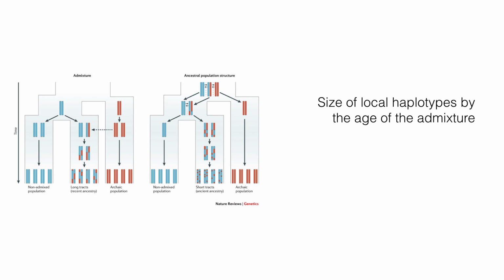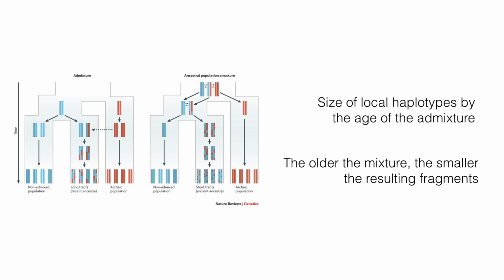Because admixture is constantly happening, the older is the admixture, the smaller are the resulting fragments. If you find fragments that are very short, that indicates that admixture with that continental population has entered into your genome long ago, while if the fragments are large, the age of them is recent.